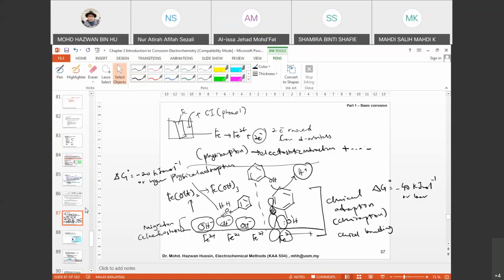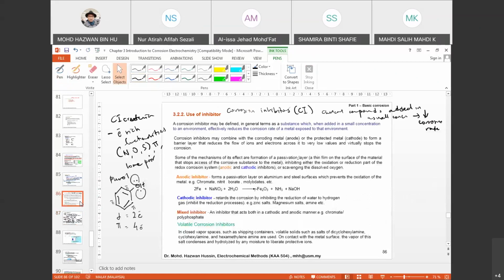All right. So we can categorize inhibitors into different types: anodic inhibitors, cathodic inhibitors, or mixed type inhibitors. What does it mean by anodic inhibitors? An anodic inhibitor means that the inhibitor inhibits the oxidation process. As I said, for the corrosion process, the process that occurs at the anode is basically oxidation.